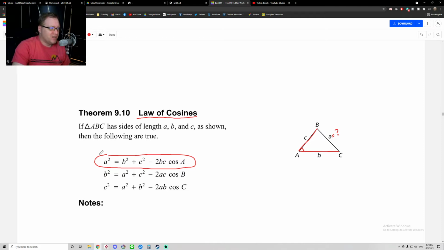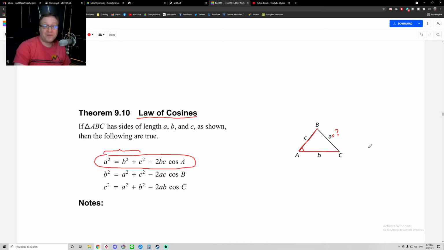But the first part you see is kind of similar to the Pythagorean theorem, right? If we don't know this angle, well, A squared equals B squared plus C squared. But that only works if it's a right angle.